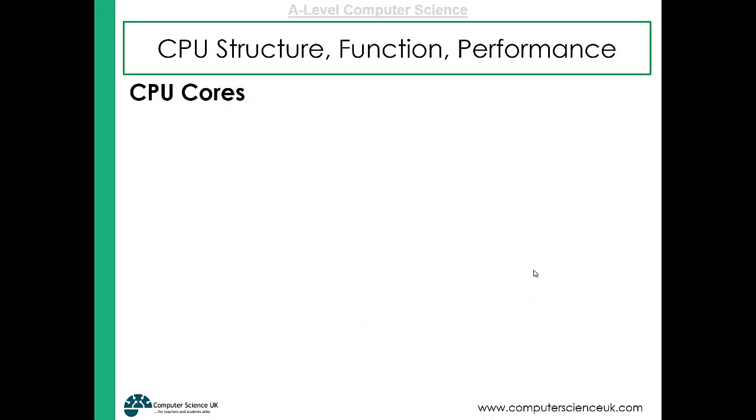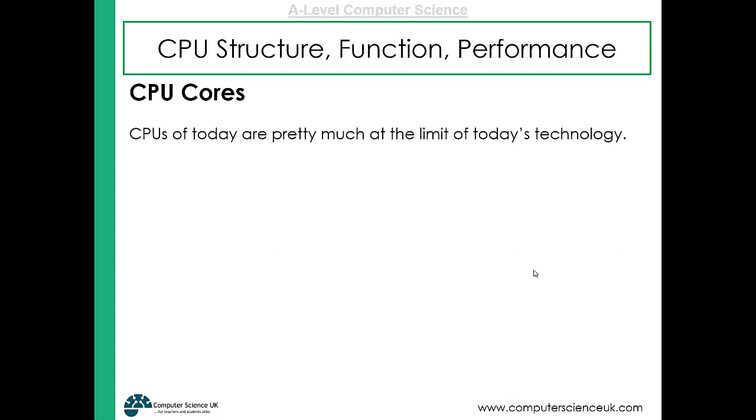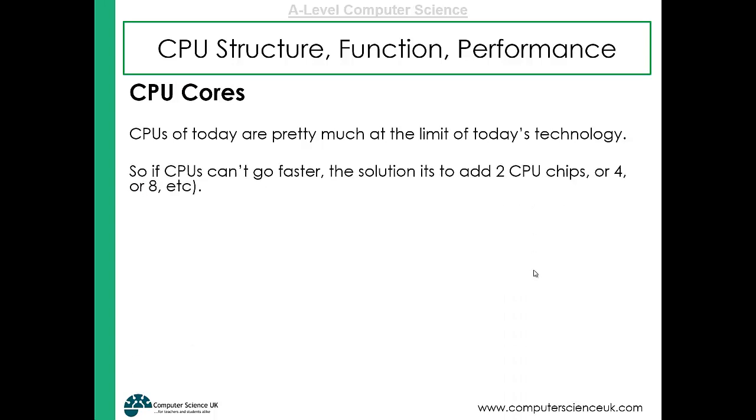Okay, CPU cores. So CPUs of today are pretty much at the limit of today's technology in terms of how quickly they can process data. So if CPUs can't go much faster, the solution is to add maybe 2 CPU cores together, or 4 or 8 and so on. So that although they can't go faster, they can actually fetch 2 instructions at the same time, decode them at the same time, and execute them at the same time, in theory.